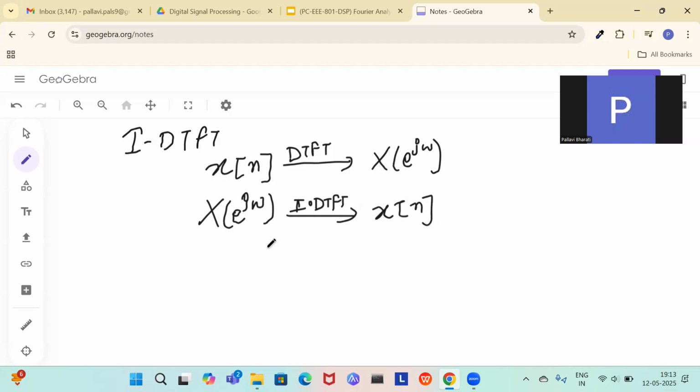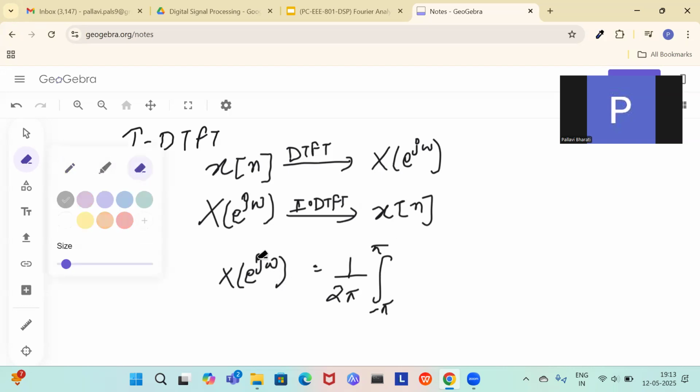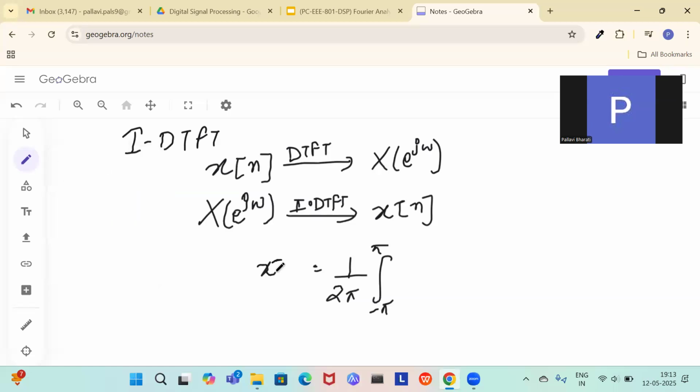The formula for this: x of n is equal to 1 by 2π, integral from −π to π, x of e^jω into e to the power positive jωn dω.